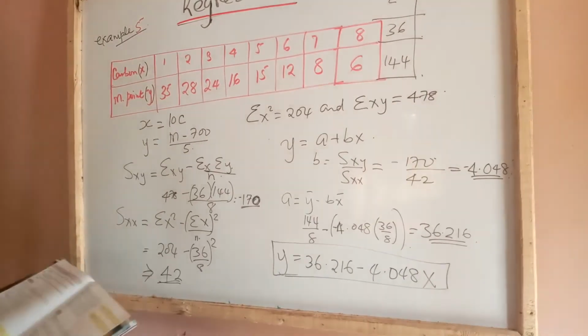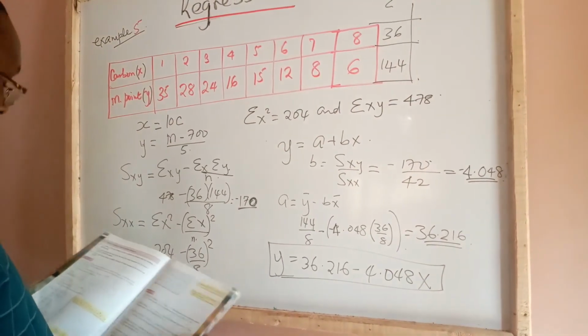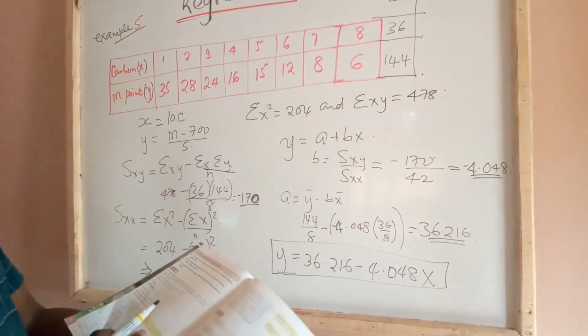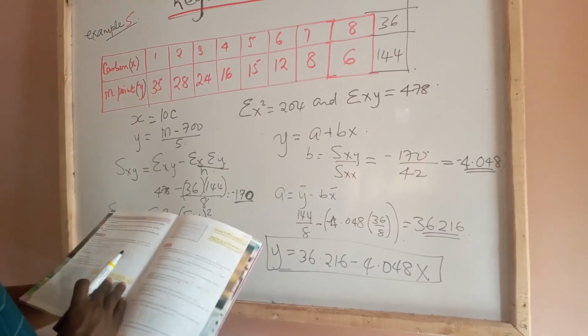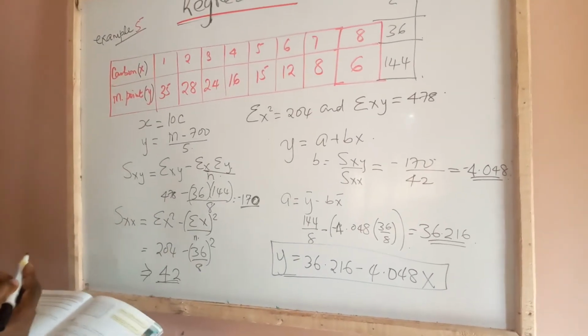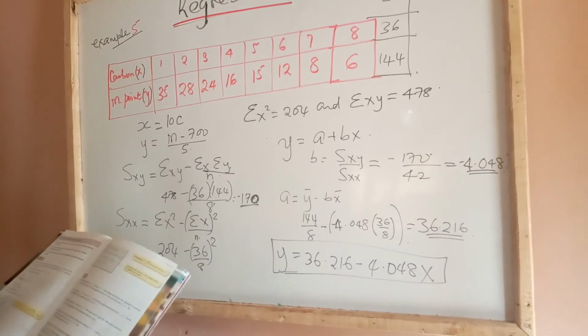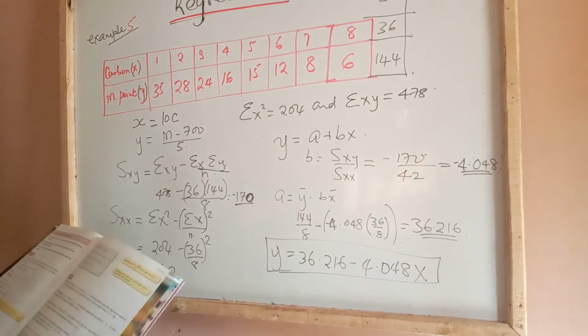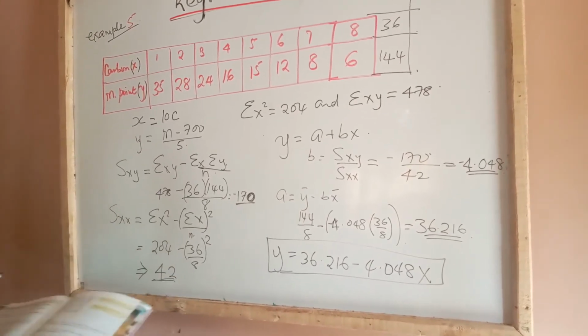Part C of the question: find the equation of the regression line of m on c.